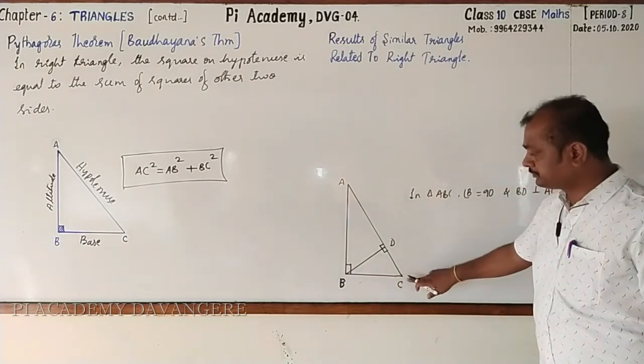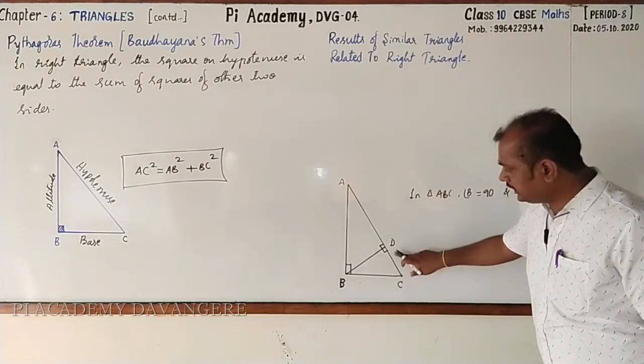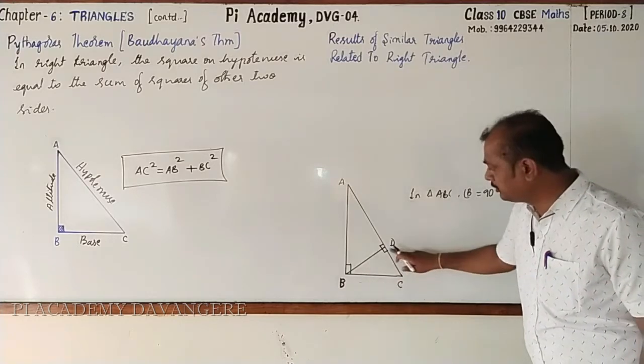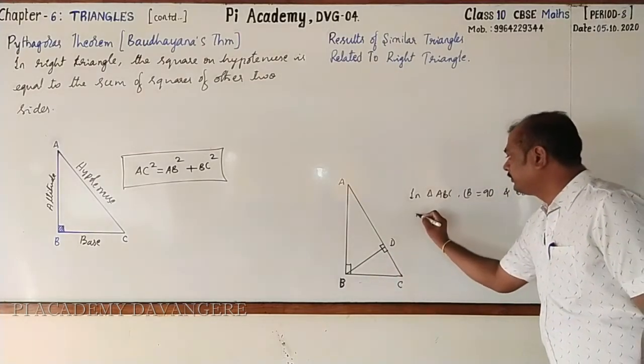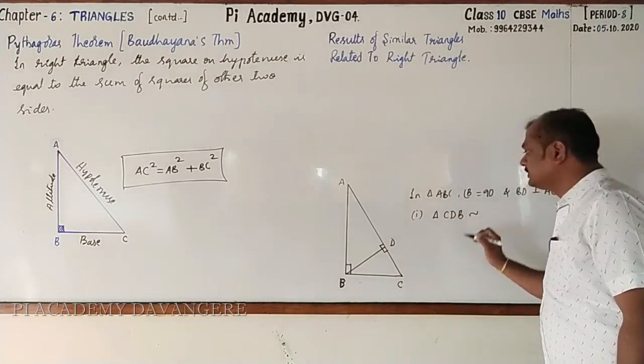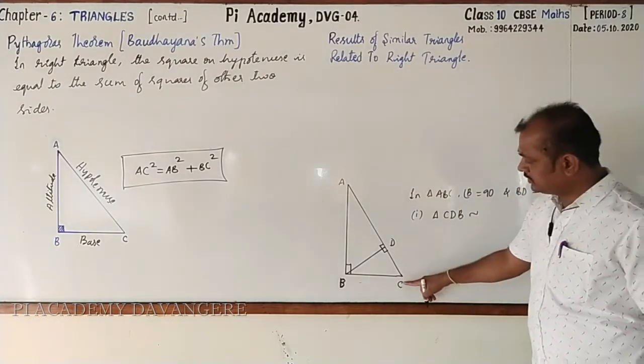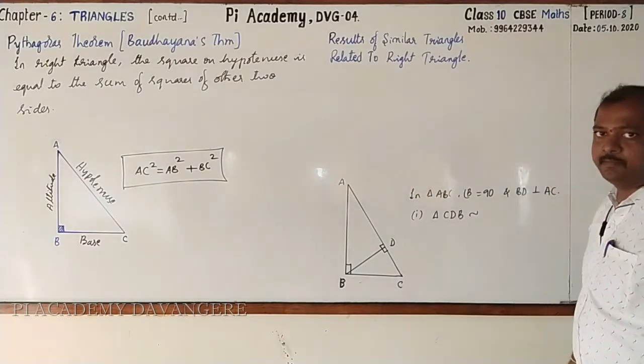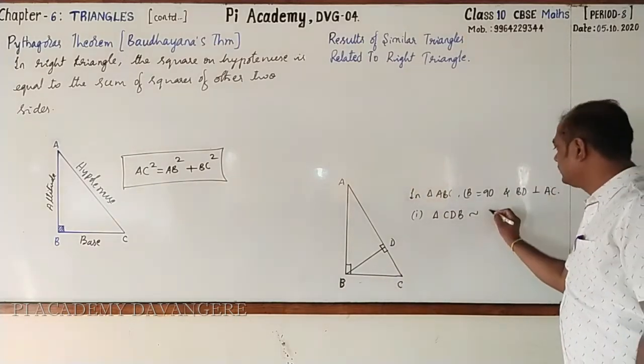That is, see that CDB, it should be moved in the same order. First result, triangle CDB is similar to CBA.